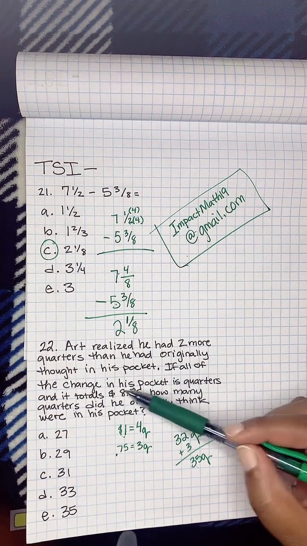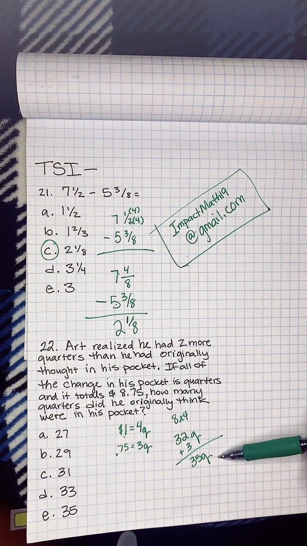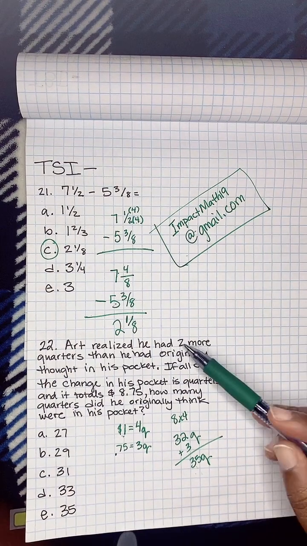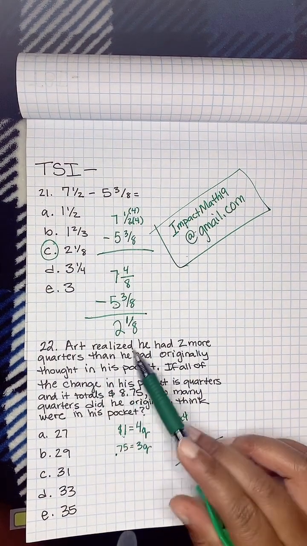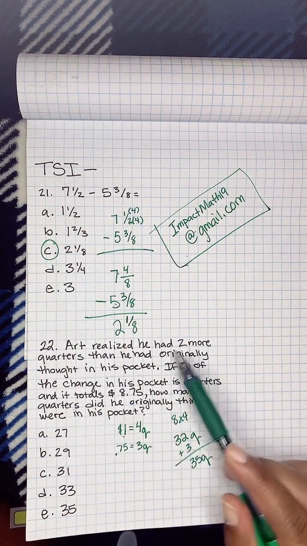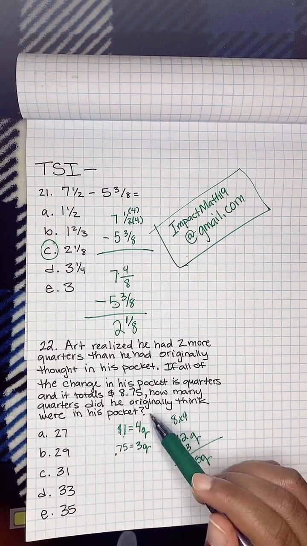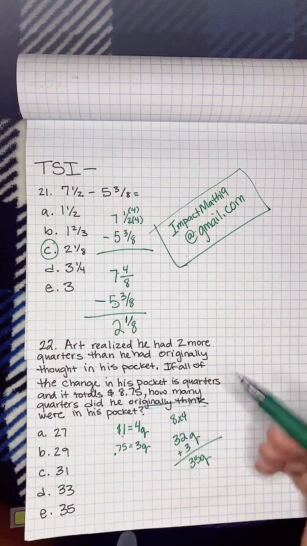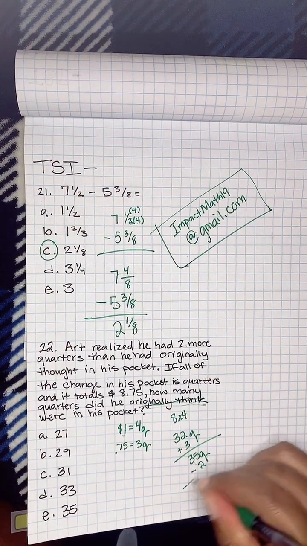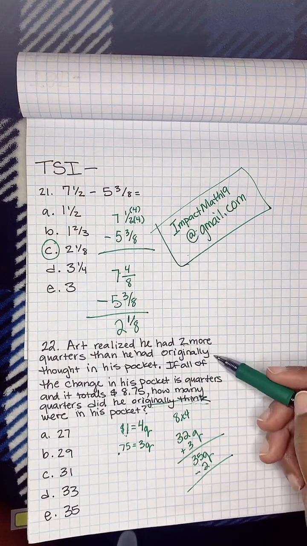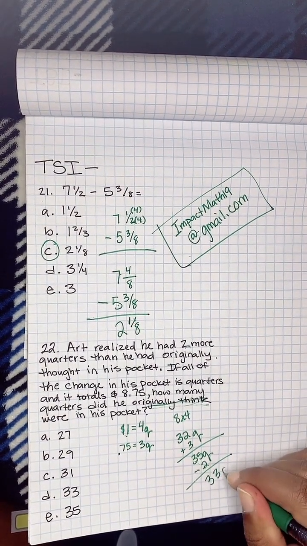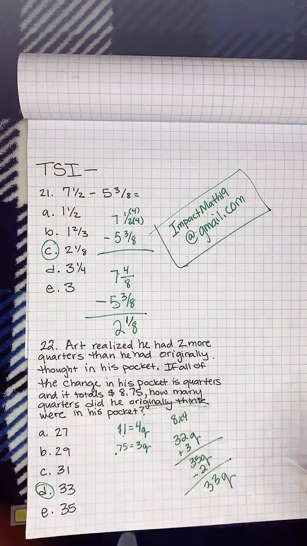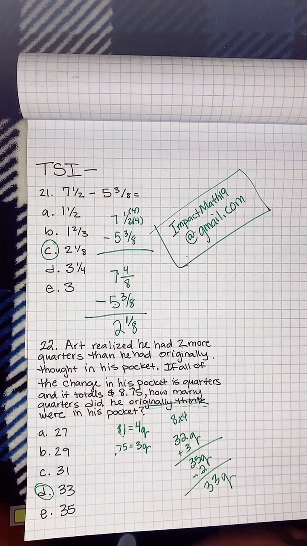All right, so we know 8.75 is 35 quarters, okay? So we have to subtract the 2 because Art realized he had 2 more quarters than he originally thought. So if it's asking for what he really originally thought, we're going to have to subtract that 2 because he didn't think he had these 2. So 35 minus 2 gets us 33 quarters. So D is our answer.